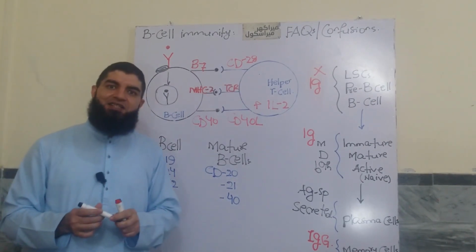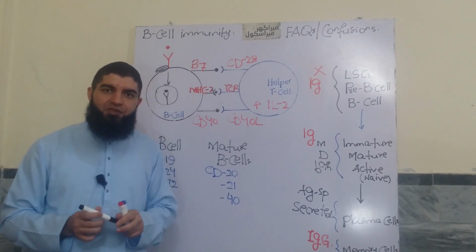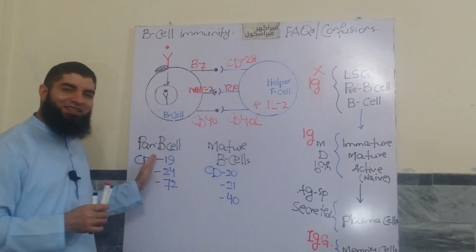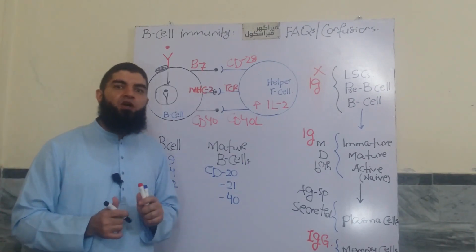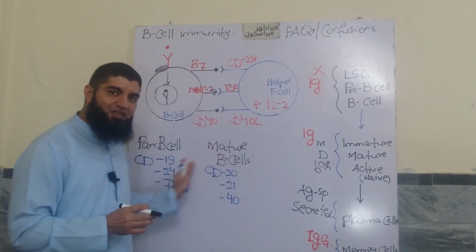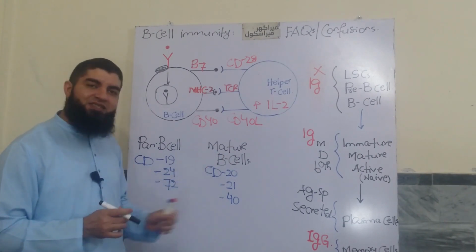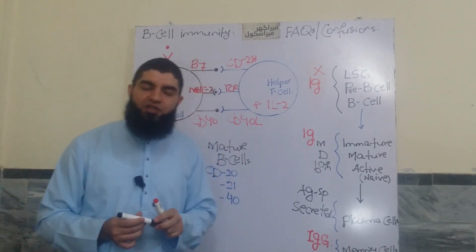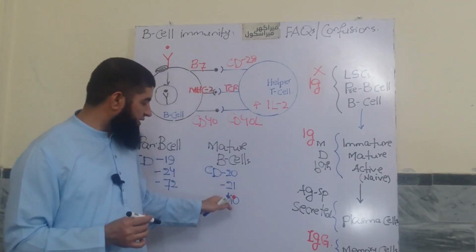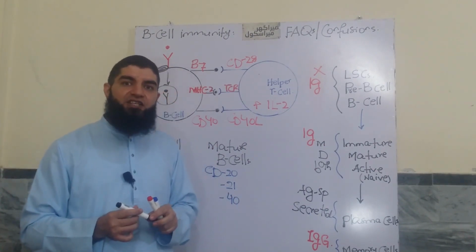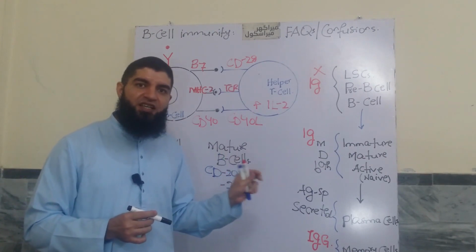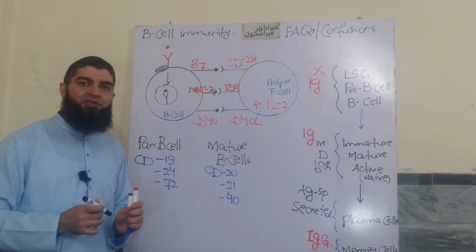All the B cells, irrespective of their stage of differentiation, express CD19, CD24 and CD72. While the mature B cells, in addition to those, also express CD20, CD21 and CD40. Similarly, the activated B lymphocytes express CD23 in addition to all these surface markers.